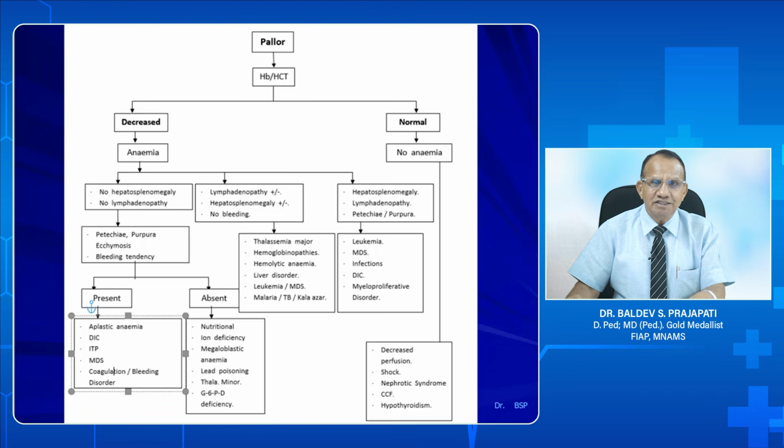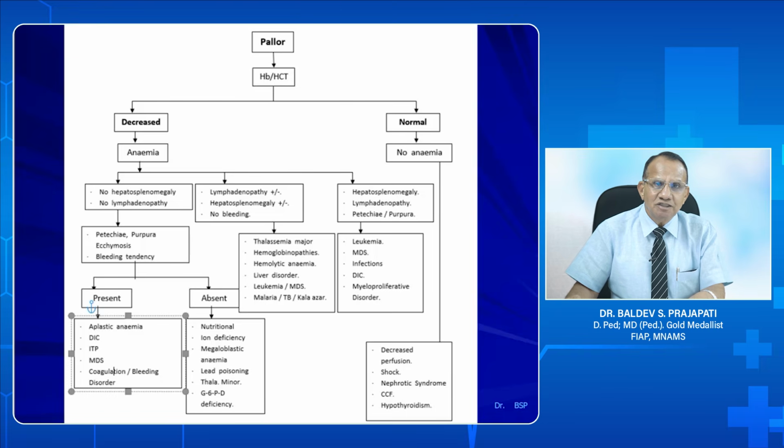Once you decide it is due to anemia, and there is no hepatosplenomegaly and no lymphadenopathy, look for petechial purpura, ecchymosis, and some bleeding tendency. Suppose there is evidence of a bleeding tendency, think of aplastic anemia, DIC, ITP, even bone marrow dysplastic syndrome, or maybe a coagulation or bleeding disorder.